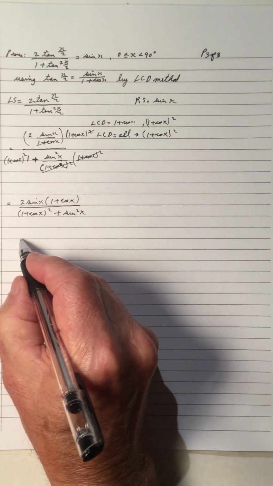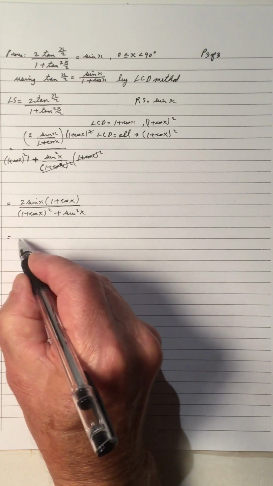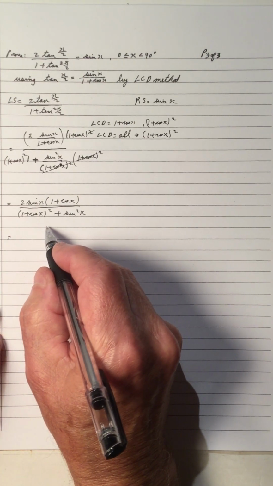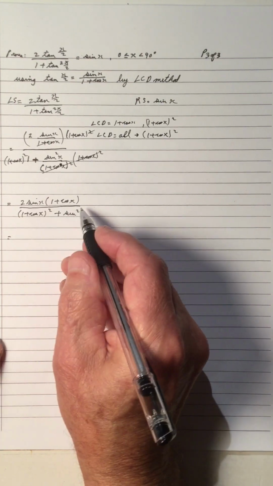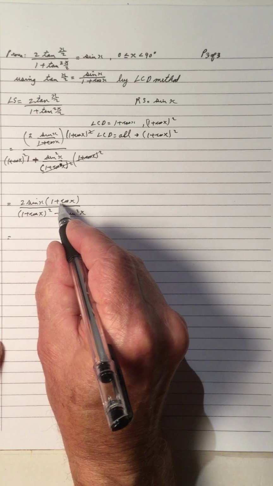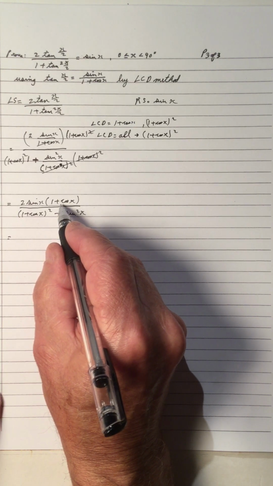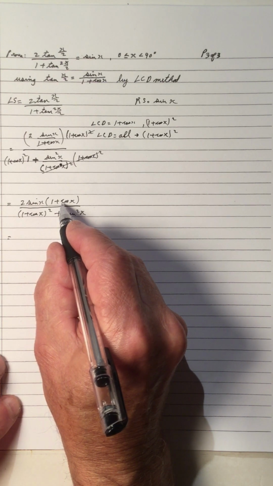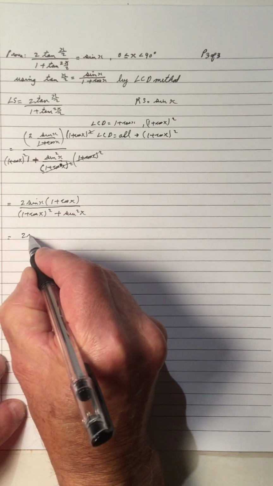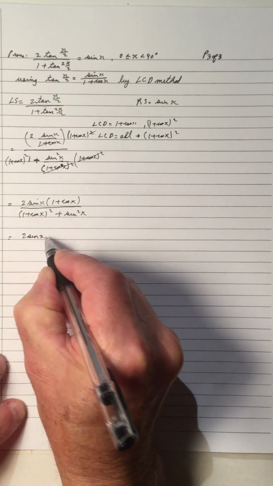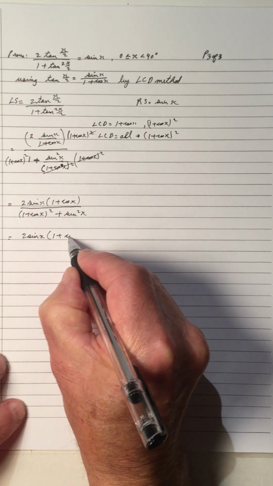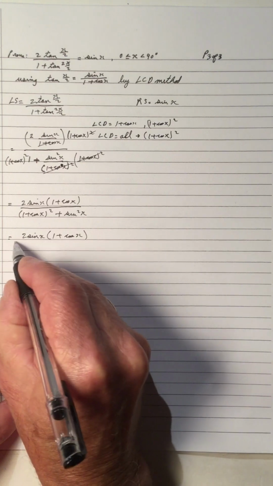And we continue to simplify this now. This is already simplified, so I can multiply that through, or I can leave it like that. Let's just leave that for a second. I could multiply 2 sin x by this, but let's just see what happens.